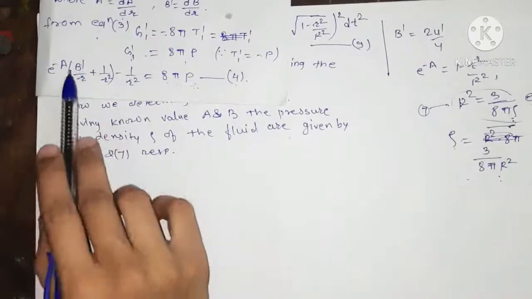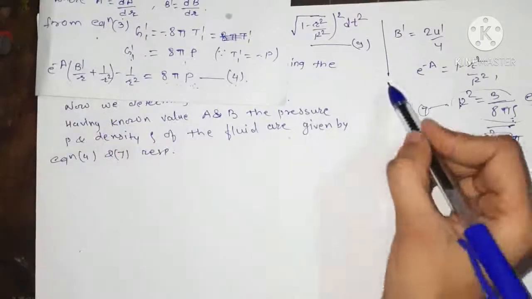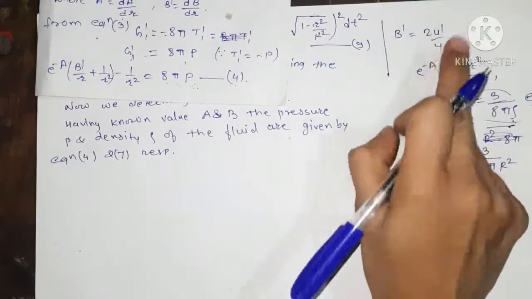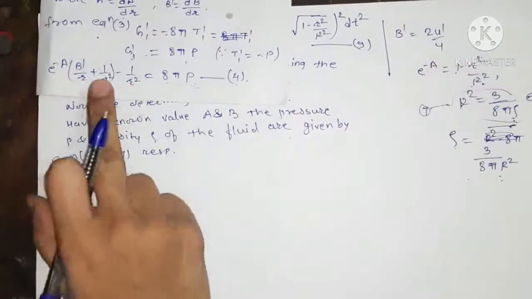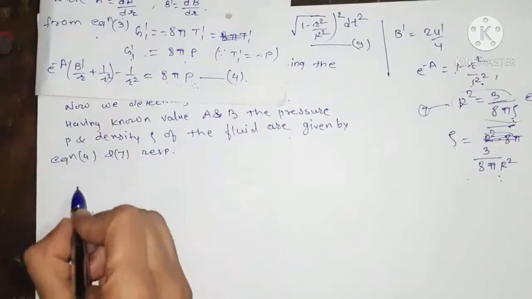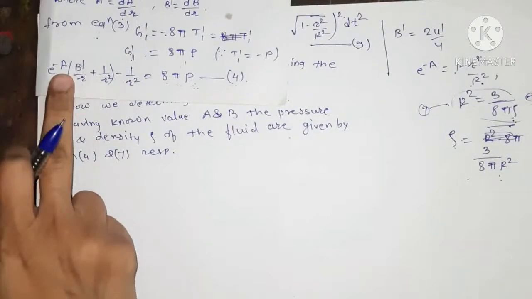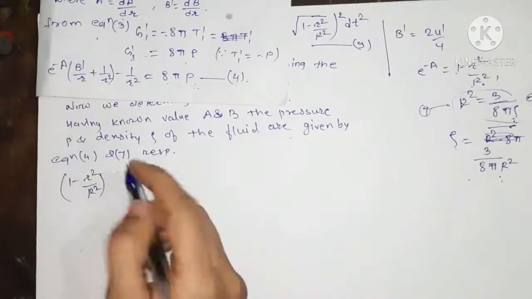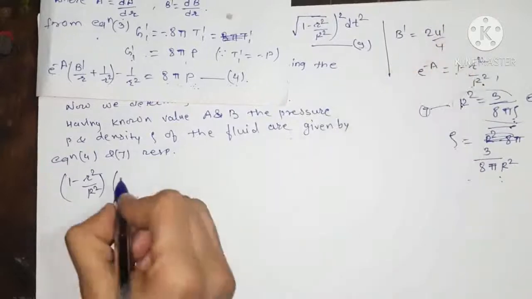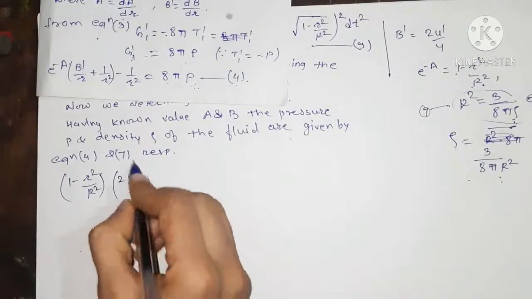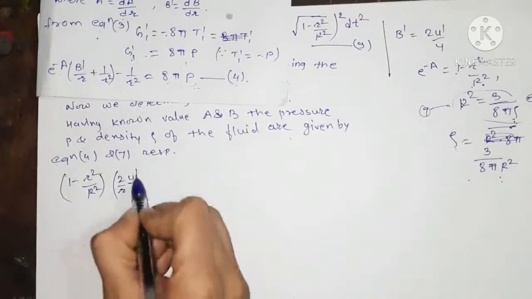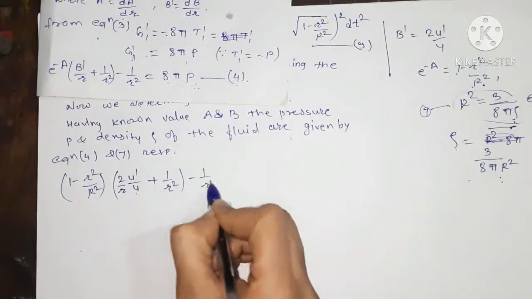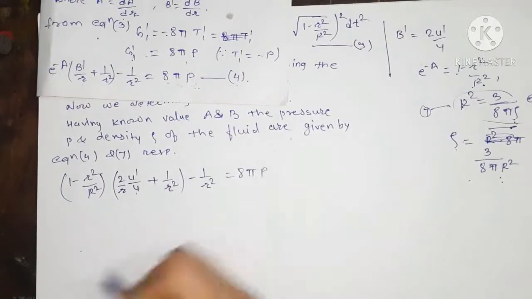Okay, so let's put the values. e to the power minus a is given by 1 minus r square upon capital R square, and b dash is twice u dash upon u. So substituting these values here, we have 1 minus r square upon capital R square times 2 upon r, u dash upon u, plus 1 upon r square, minus 1 upon r square, equals 8 pi into p.